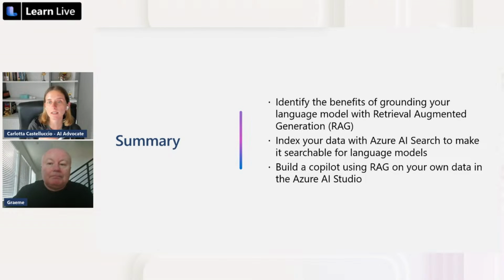We have seen how to index your data with Azure AI Search to make it searchable. We have talked about what is vector search, what is a vector, how to create an index. And then we also have seen a hands-on demo about building a Copilot kind of solution using RAG and using Azure AI Studio and Prompt Flow tool.